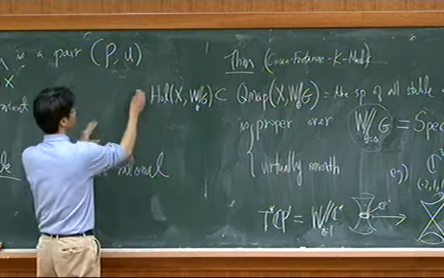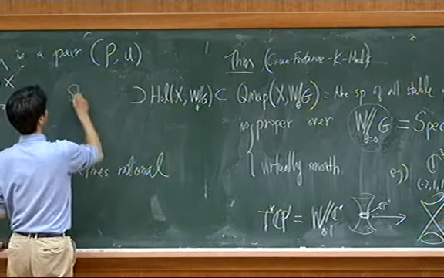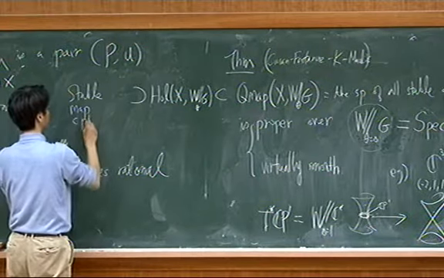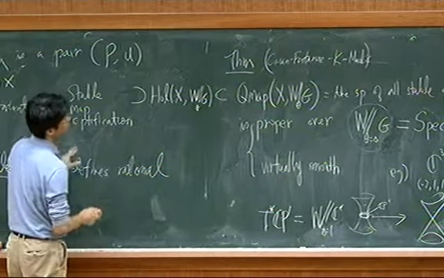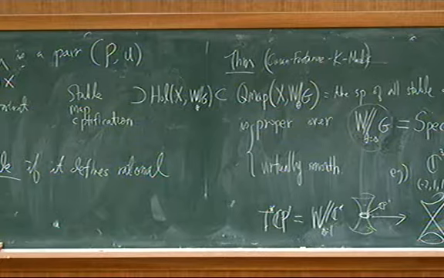And there's another way to compactify it using the stable map compactification, right? Yes, they are different, totally different.